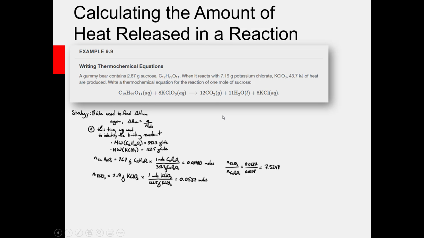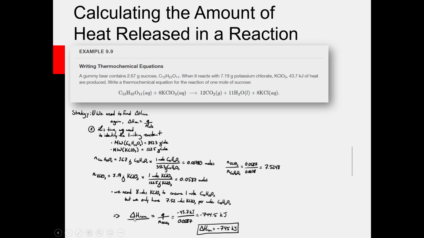And therefore, when we calculate delta H reaction, our number of moles in the denominator is going to be the moles of potassium chlorate, not the moles of sucrose. So we would need 8 moles of potassium chlorate to consume 1 mole of sucrose, but we only have 7.52 moles of potassium chlorate in this setup for every mole of sucrose.